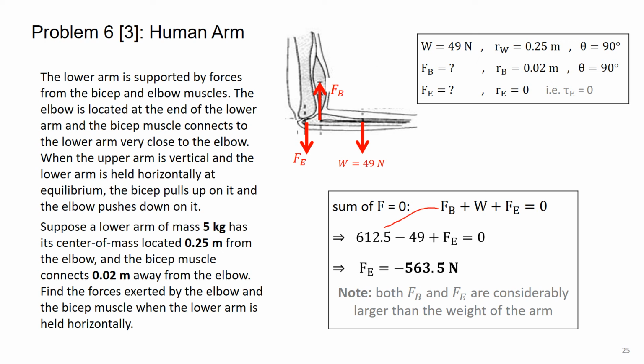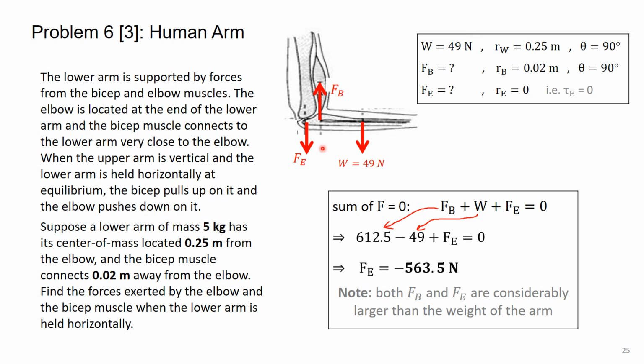FB we already solved in the previous slide, 612.5 newtons. Weight is negative 49. Again, negative means the weight is pointing down. And then we are left with FE, the unknown. So move the FE to one side, then do the calculation. You get negative 563.5 newtons.